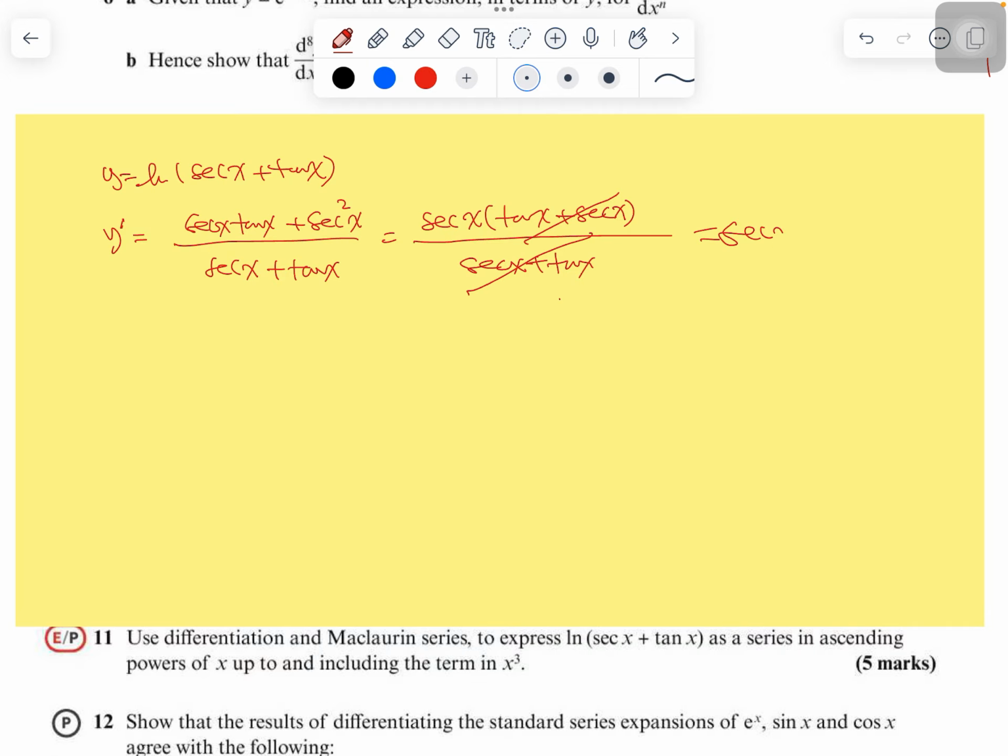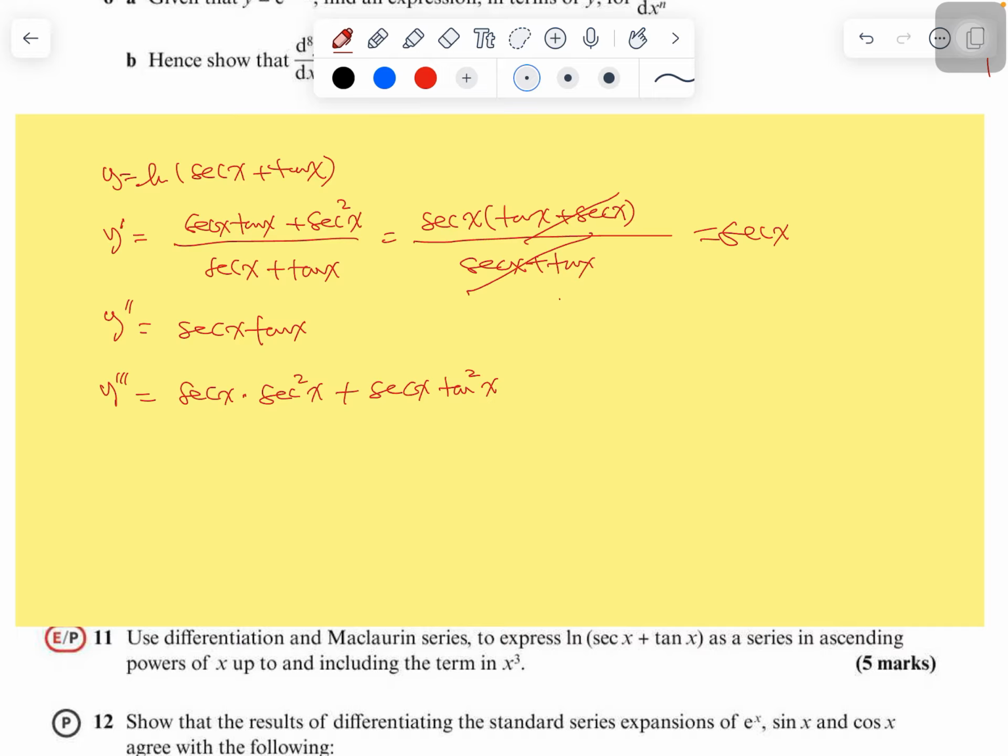So now we have only secant x. And y double prime: the derivative of secant x is secant x tangent x, so we need to do one more further. Now this is the product rule: secant x times secant squared x plus secant x tangent x times tangent x.